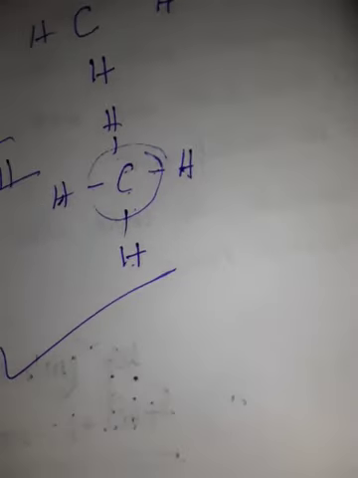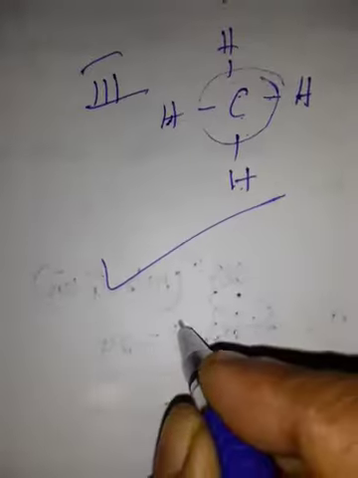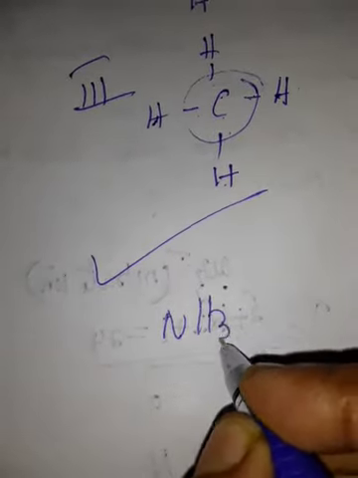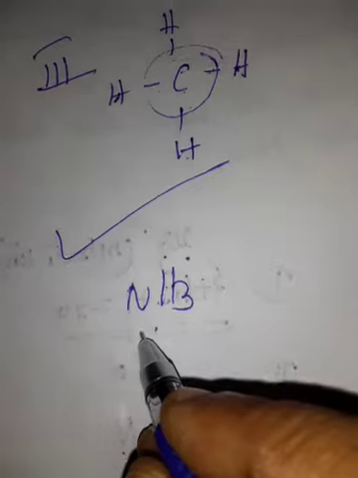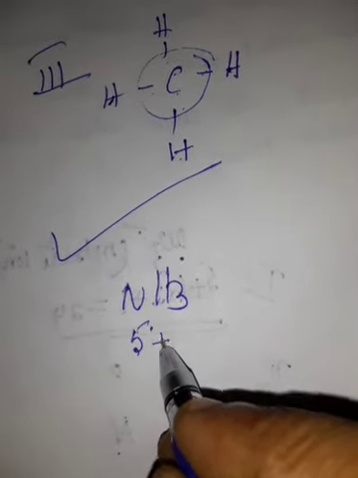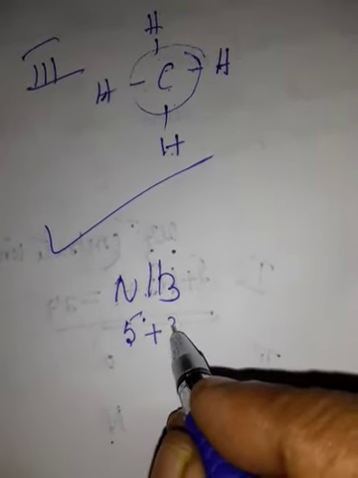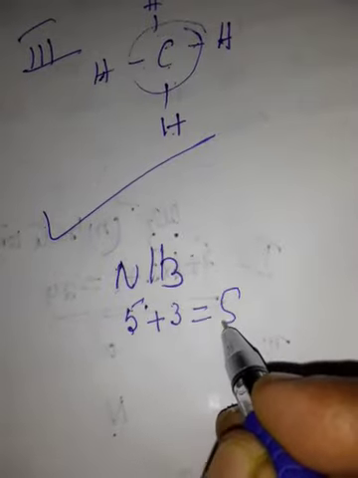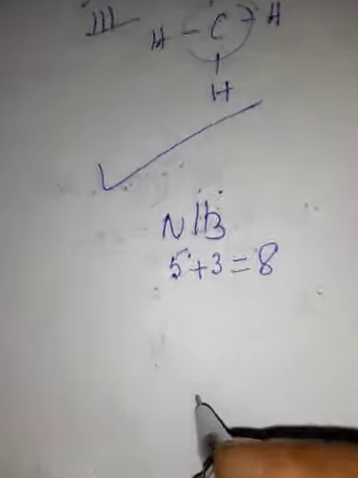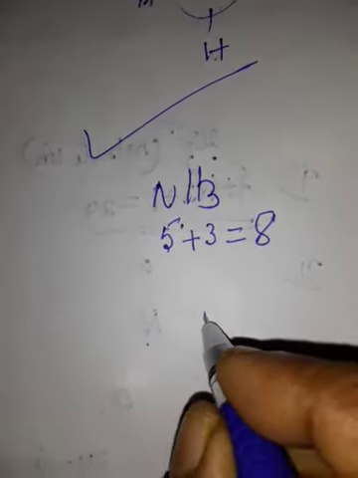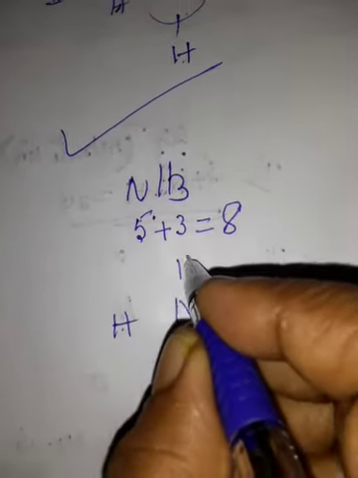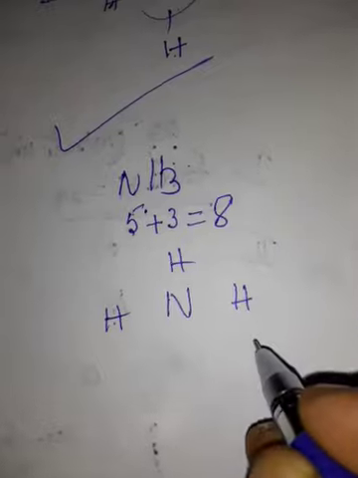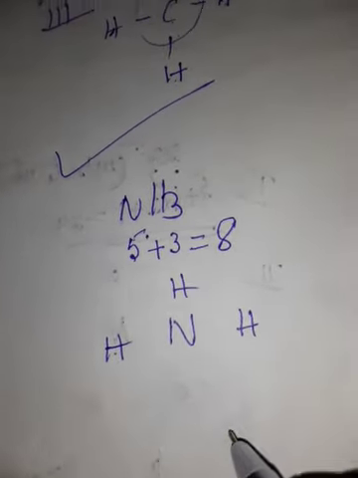One more example I'll show. Ammonia, NH3. Nitrogen, since it is in the 5th group, has 5 valence electrons, plus 3 from hydrogen, that is 8. First step, write the least electronegative atom in the middle, nitrogen. The other atoms evenly placed around it, 3 hydrogen atoms.